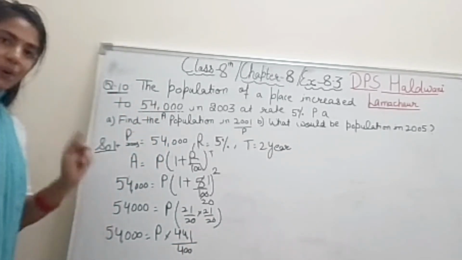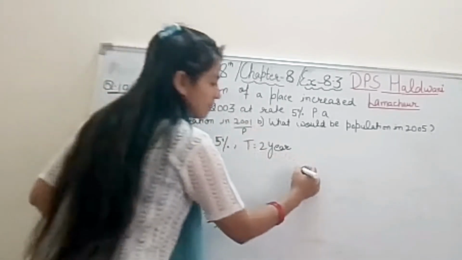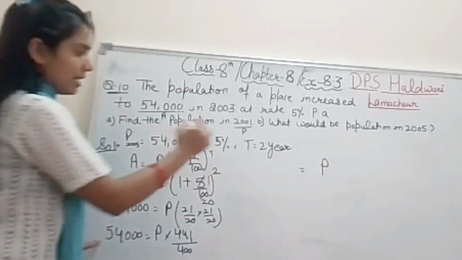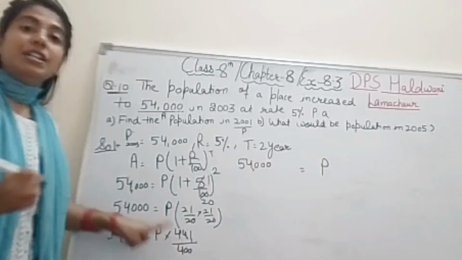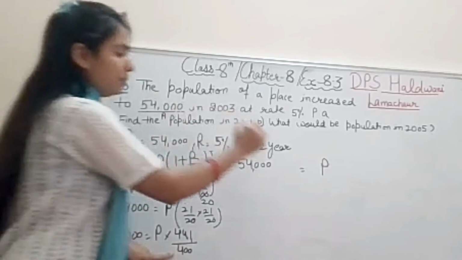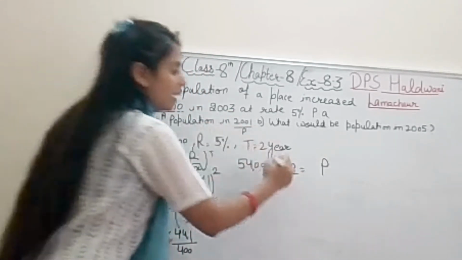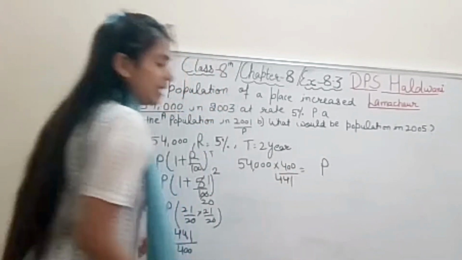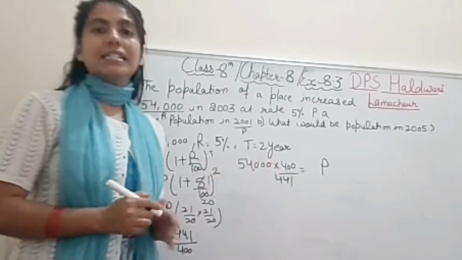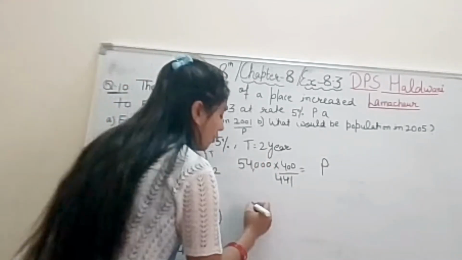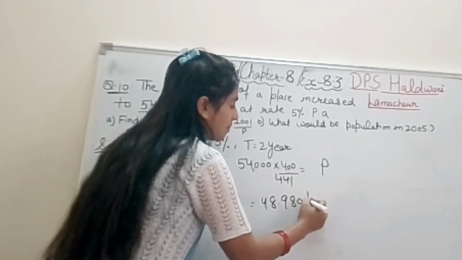Right, student? Now we need to find the value of P. So P will remain on the same side, and here is 54,000, and this term will shift to that side. So the denominator will become the numerator and the numerator will become the denominator: 54,000 into 400 upon 441. Right, student? When you solve this, we get the answer 48,980 approximately.